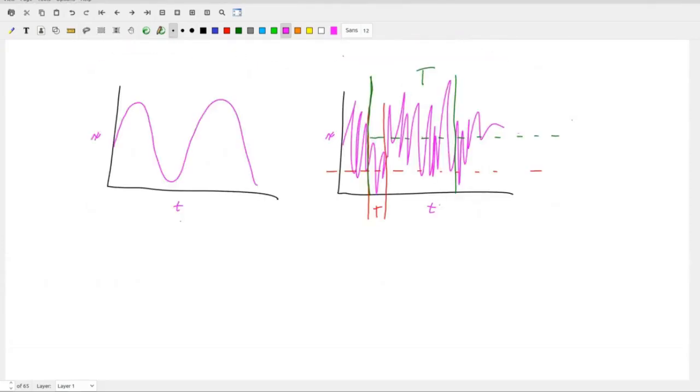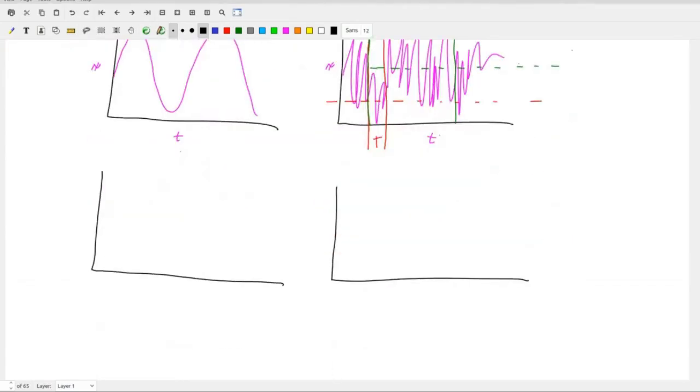So an autocorrelation function, right, is going to be the product between one point and then a point further along. And so if we think about this for a set amount of tau, right, so tau is our offset.